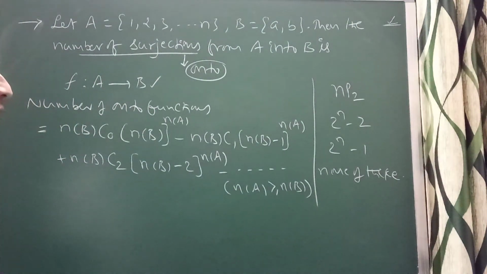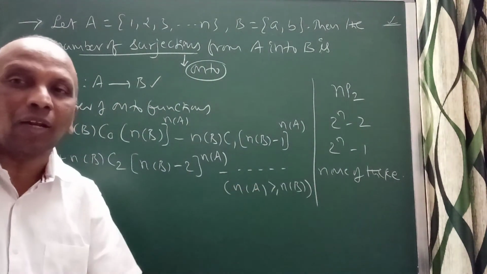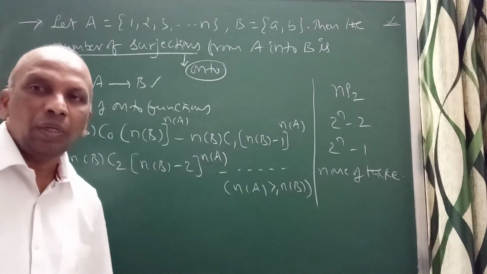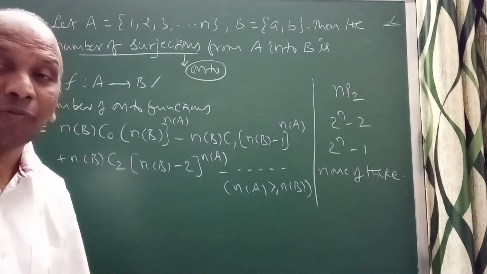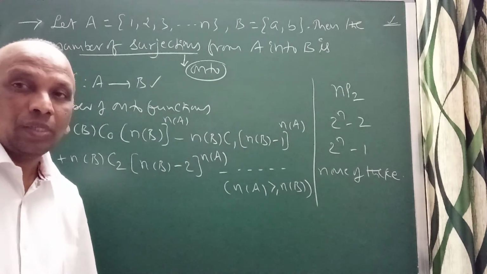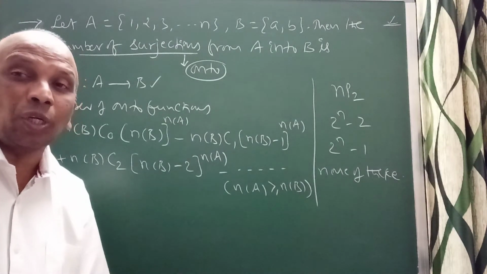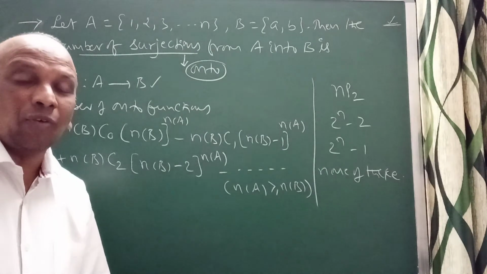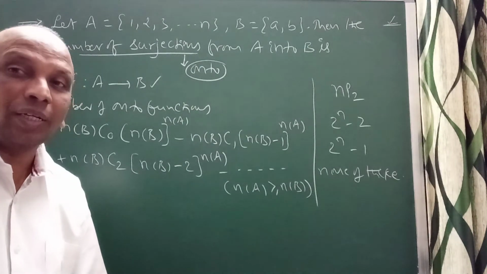Suppose n of A is less than n of B, then the number of onto functions is equal to 0. See the previous problem also, when they were talking about the number of bijective functions, there n of A was less than n of B. In that case, there is no onto function.